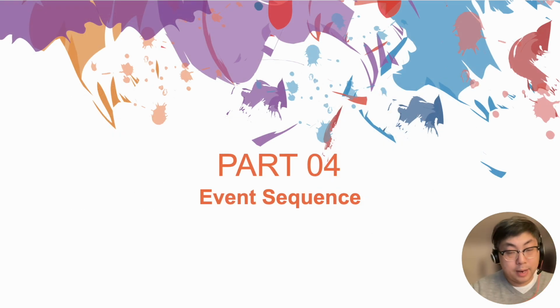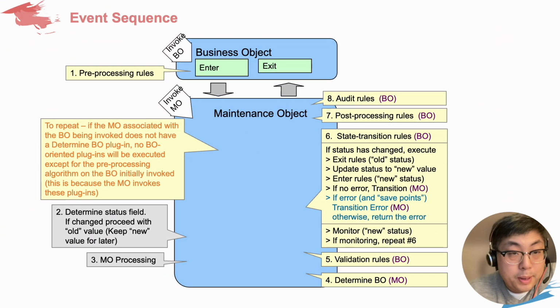Okay, so the last one is the event sequence. This looks a bit complex, but I want to go through this with you because I think if you understand what is happening in this case, you will actually understand why sometimes the ordering of the rules matters when you try to debug.